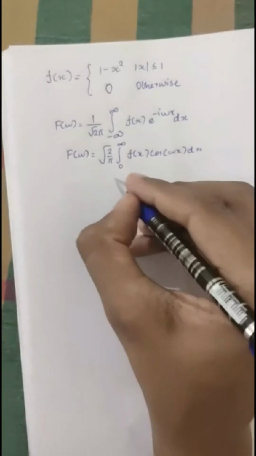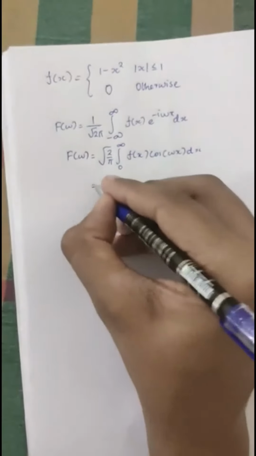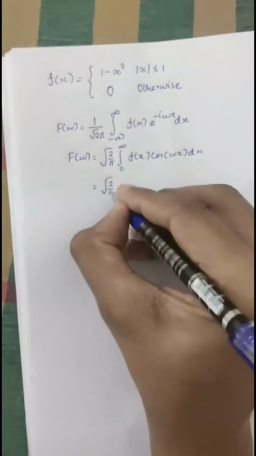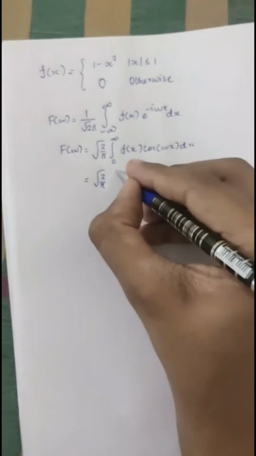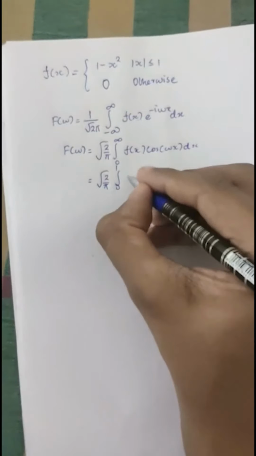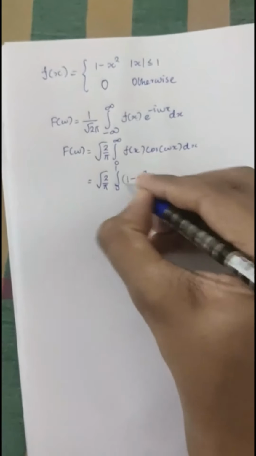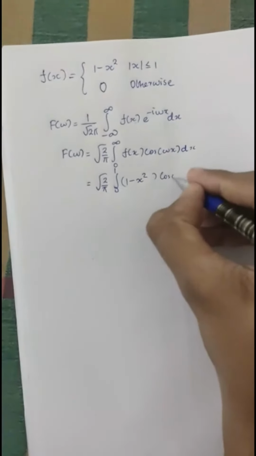We have to substitute the value of f(x), so we can write that this is equal to √(2/π) ∫ from 0 to 1 of (1 - x²) cos ωx dx.